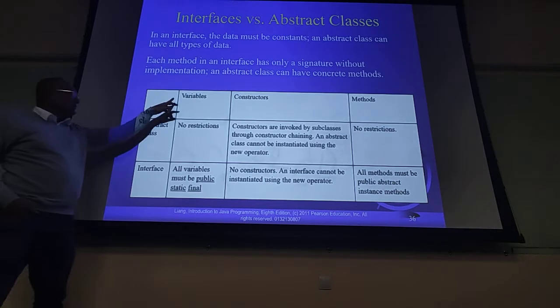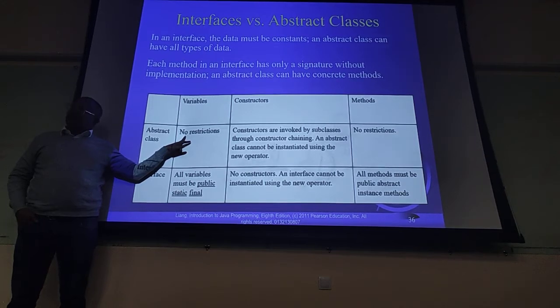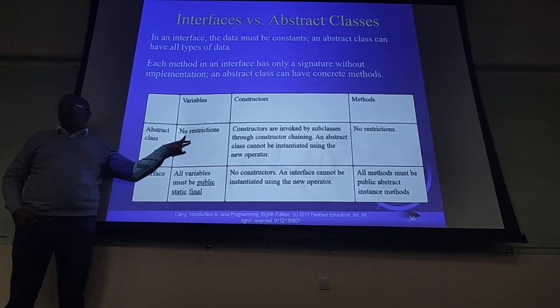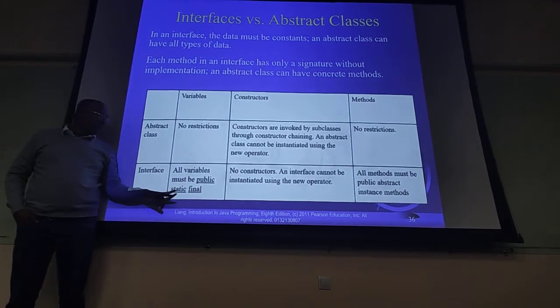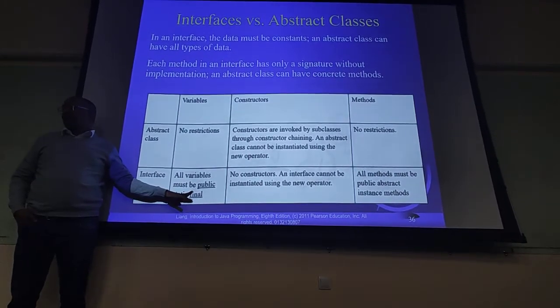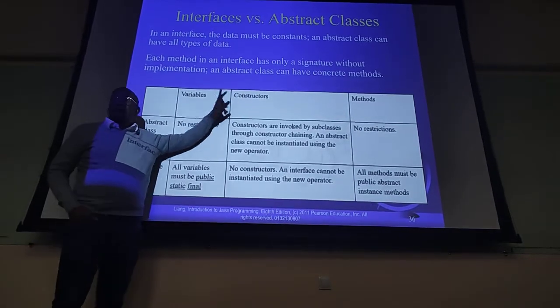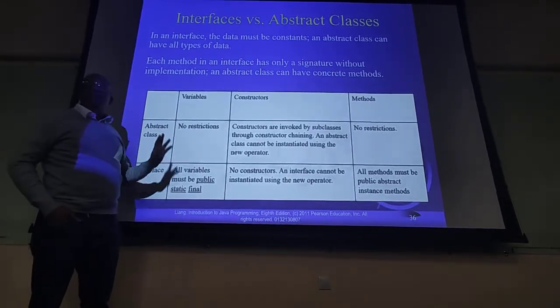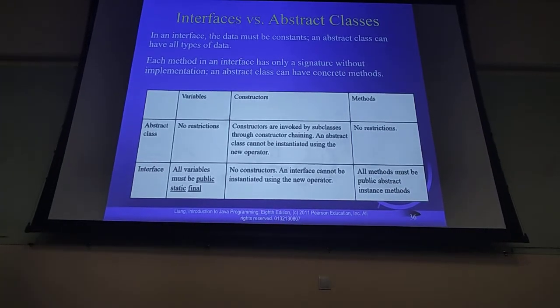See, variables. Here in abstract class, no restriction. It could be a constant, it cannot be a constant. But in interface, all variables are public, static and final. Clear? Okay, constructor wise. Abstract class, can you create object? No. Is it correct?